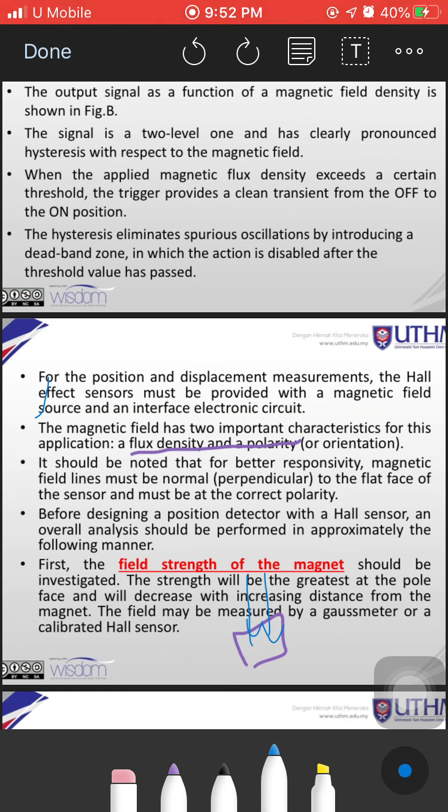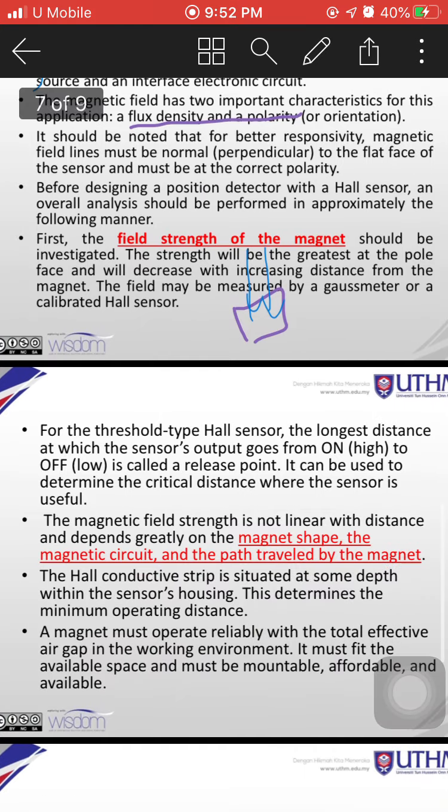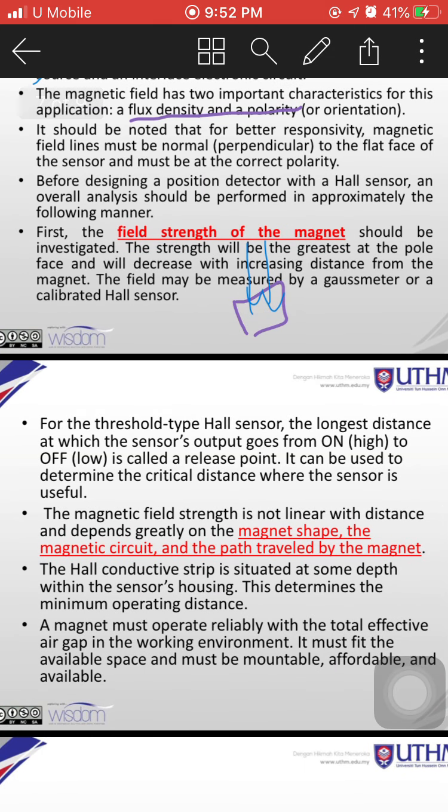The magnetic field can be measured by using a Gauss meter or calibrated Hall sensor. For the threshold type Hall sensor, the longest distance at which the sensor goes from on to off mode we call the release point, which can be used to determine the critical distance where the sensor functions.